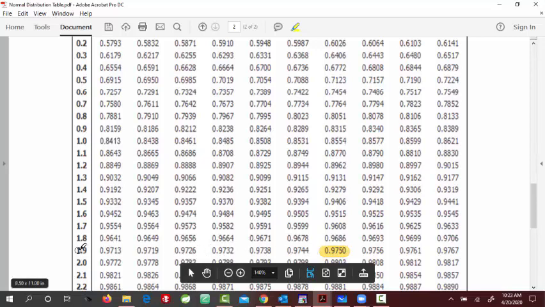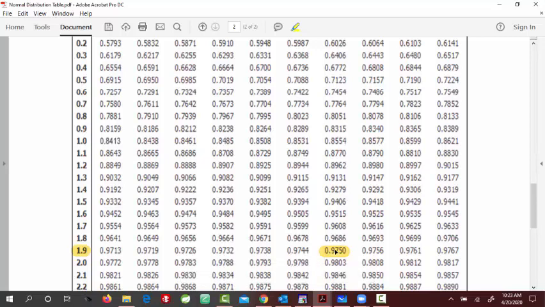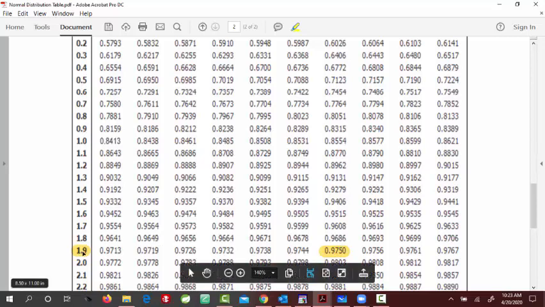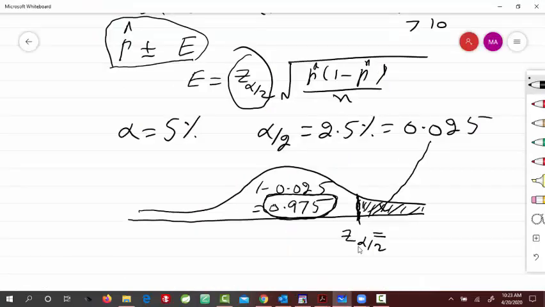This is 1.9, and the second digit would be 6. So the z sub alpha by 2 value is 1.96. You can also compute it using your calculator with inverse norm, which would also give you this z sub alpha by 2 value.